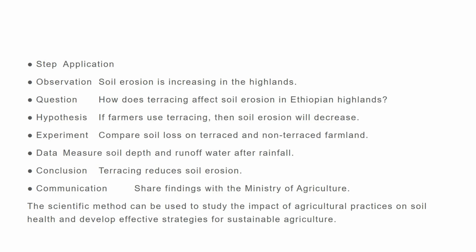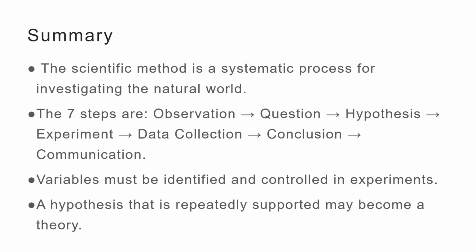Alright, students, let's do a quick recap of what we learned today. First, the scientific method is a systematic process for investigating the natural world. Second, the 7 steps of the scientific method are: observation, question, hypothesis, experiment, data collection, conclusion, and communication.